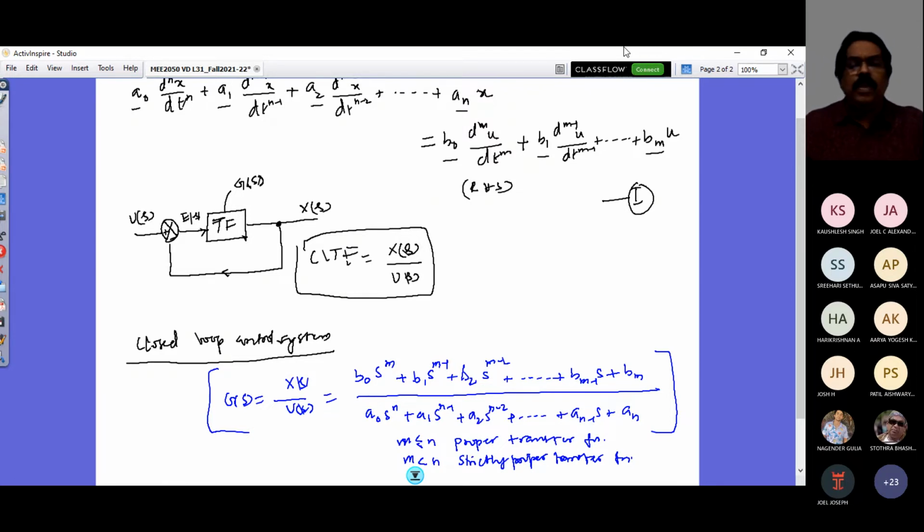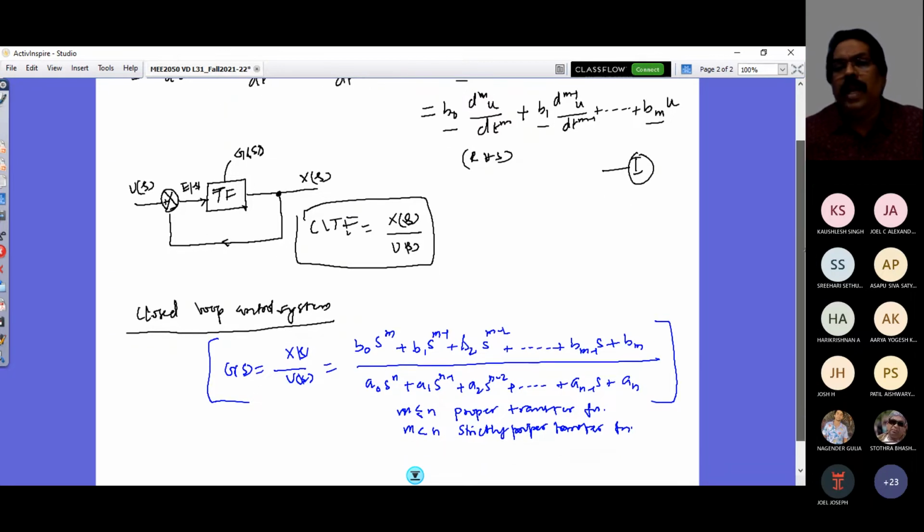Right? Now, look at when I have to do my eigenvalue analysis. What do I mean by eigenvalue analysis? My input is 0, which means the RHS will be 0. My governing equation 1 will become only the differential form with the constant coefficients A0 to An of the nth order system equal to 0.